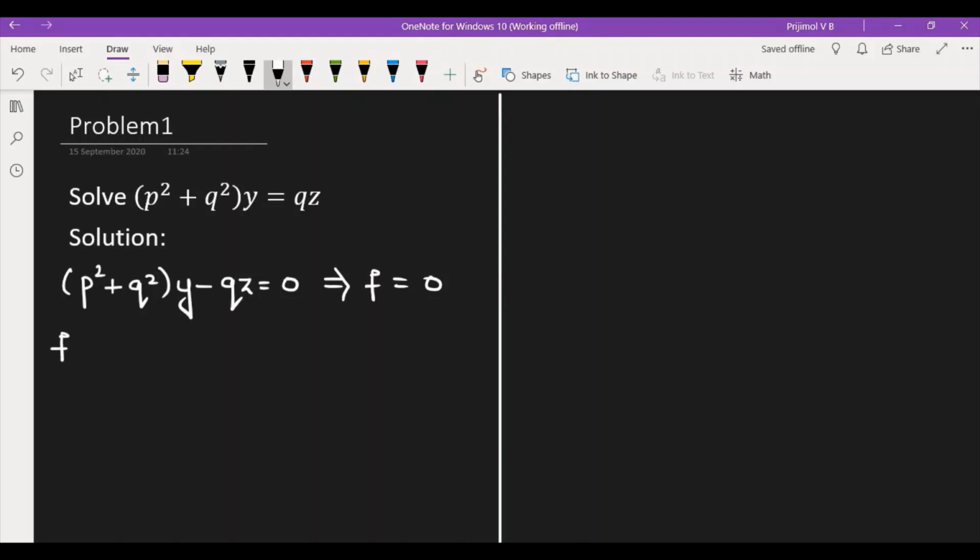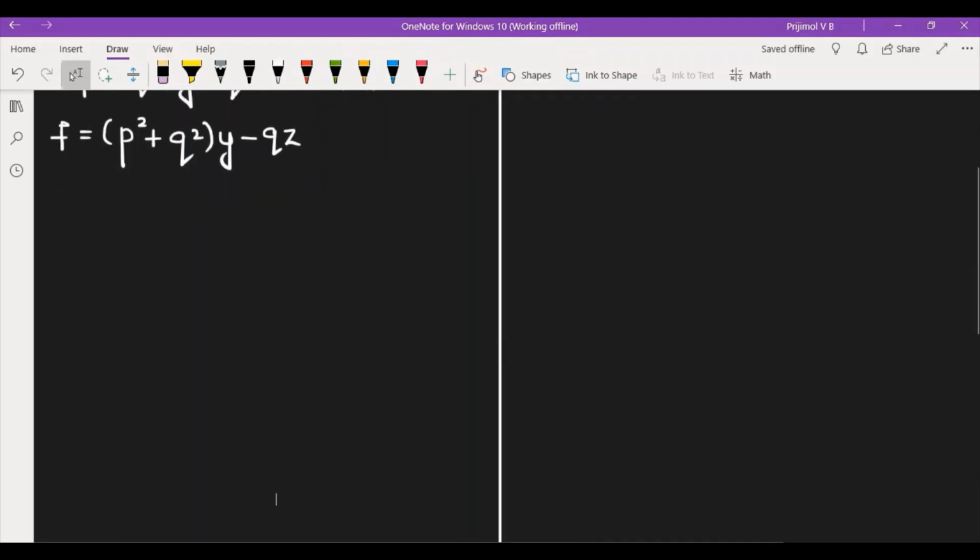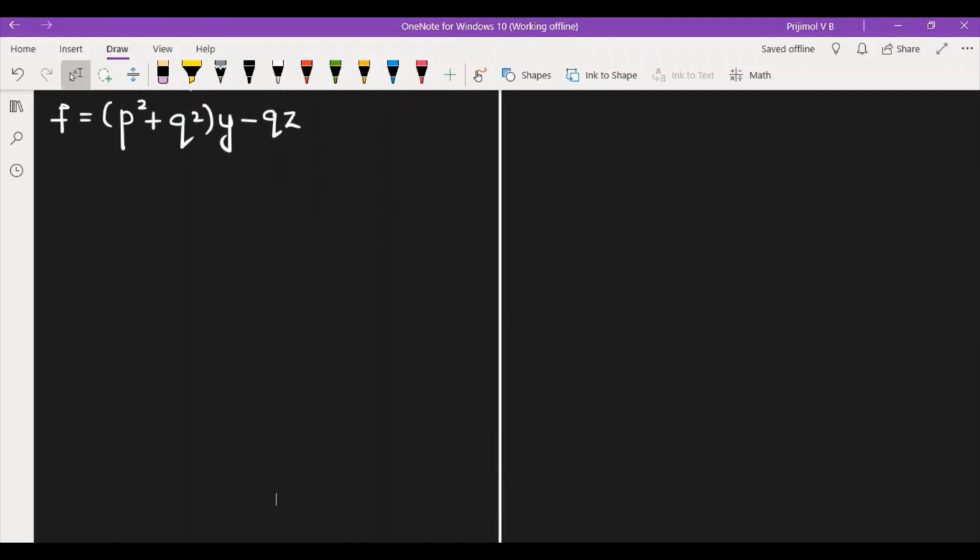Thus, we have got f. Once you have obtained f, you have to find all the first order partial derivatives of f with respect to p, q, x, y and z.